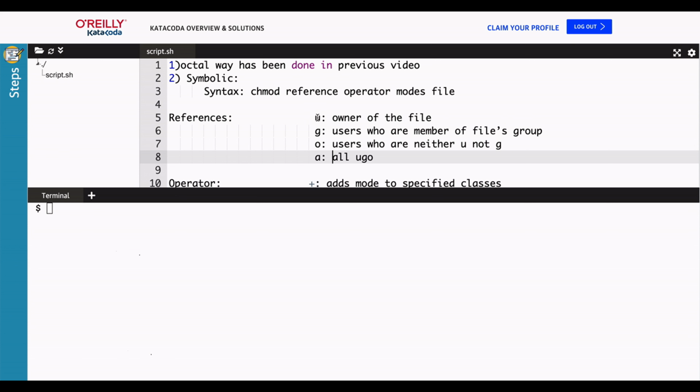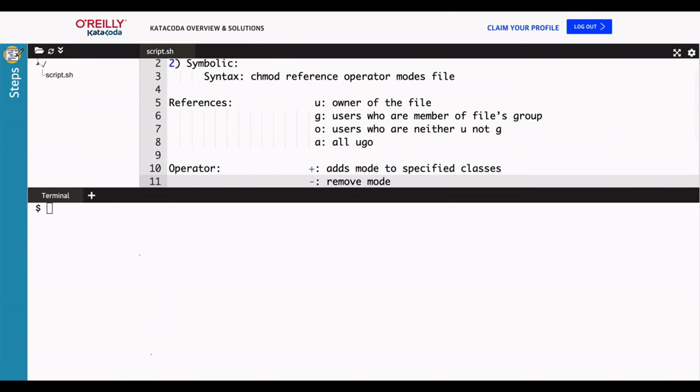So it could be the owner, any member of the group, and everyone else.